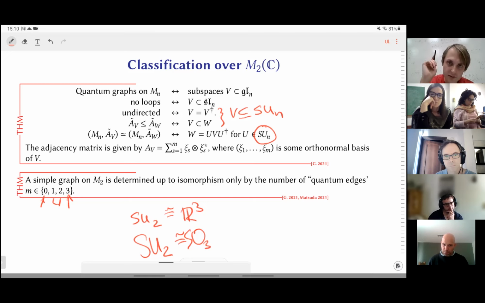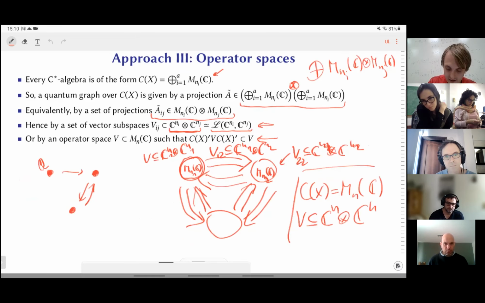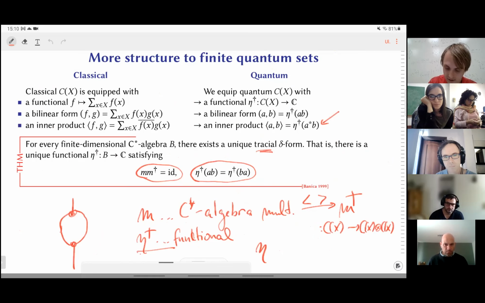What is maybe also interesting, I wanted to mention it here, but then forgot about that. Junichiro Matsuda, as I said, was also studying the same question, this classification of quantum graphs over 2x2 matrices, and he worked in a slightly more general setting, not assuming this delta form to be tracial.